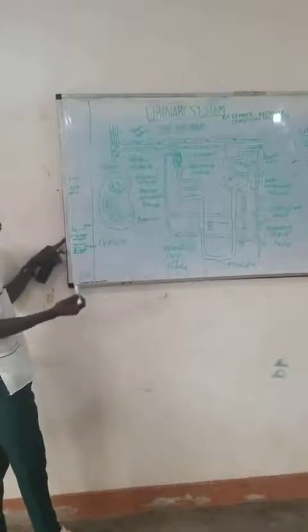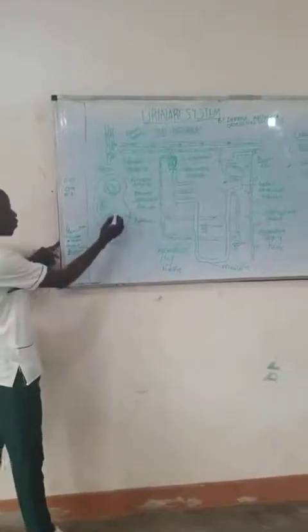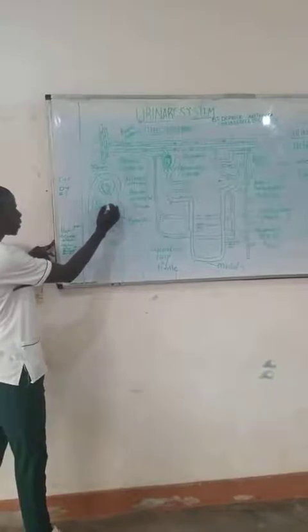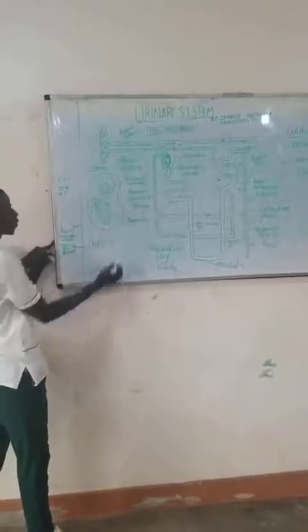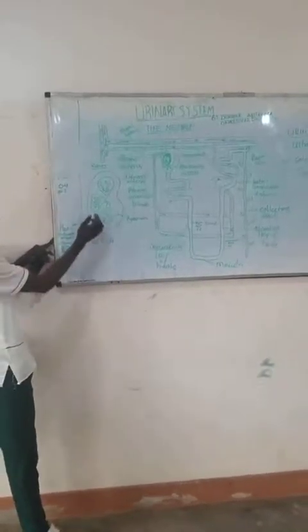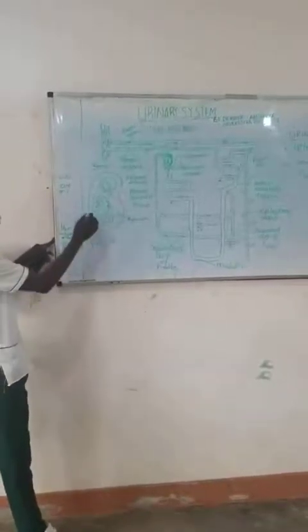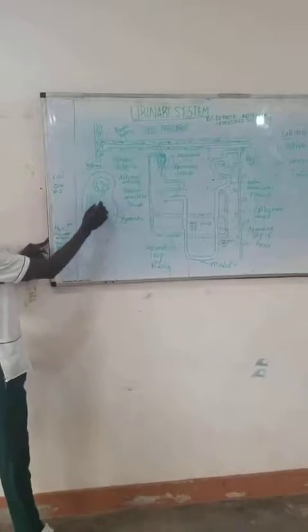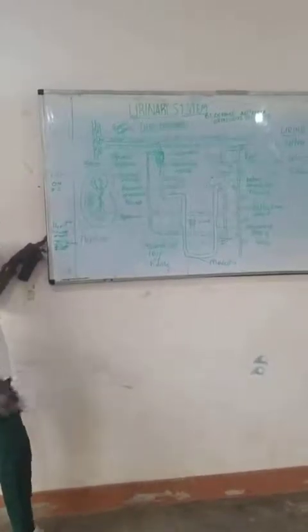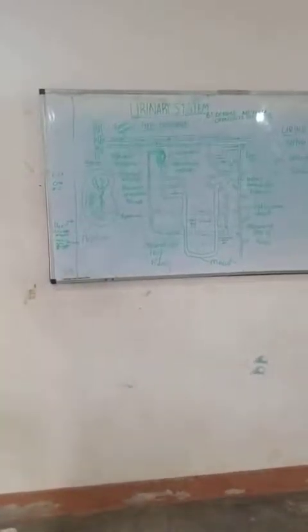After urine formation in the kidney, urine collects at what we call the minor calyces and the major calyces. After urine has been formed from this pyramid, it will join the minor calyce. From this pyramid it also joins a minor calyce, and from this pyramid it joins that minor calyce.